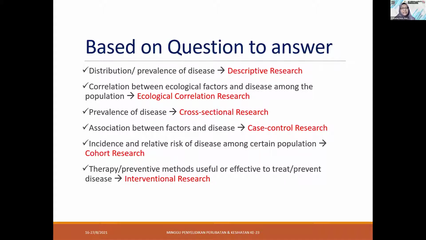When we want to look at the incidence and relative risk of the disease among a certain population, it's good to do a cohort research. Then if you want to look at whether therapy or preventive methods are useful or effective to treat or prevent disease, then we do an interventional research.